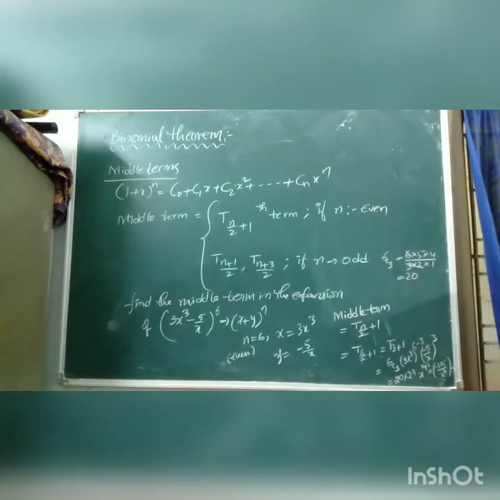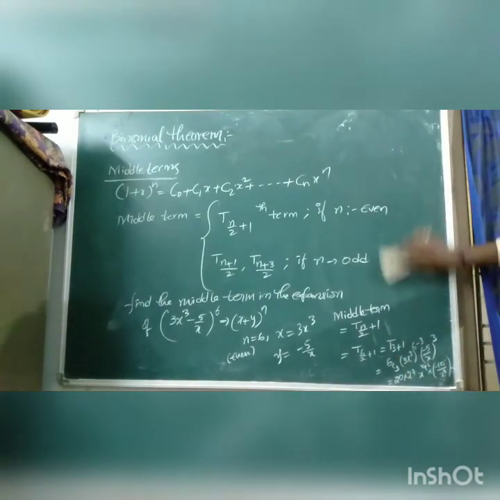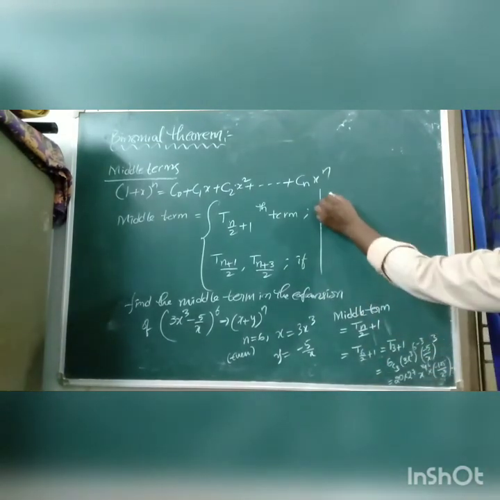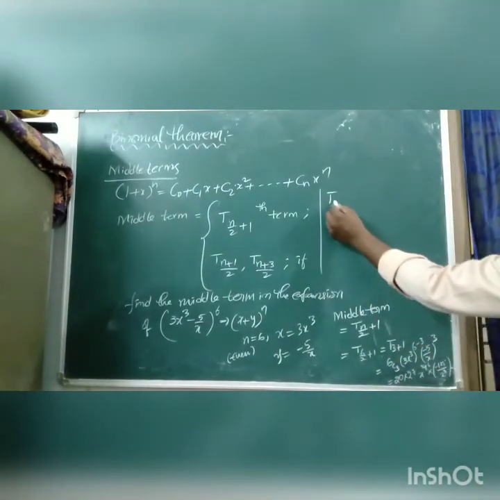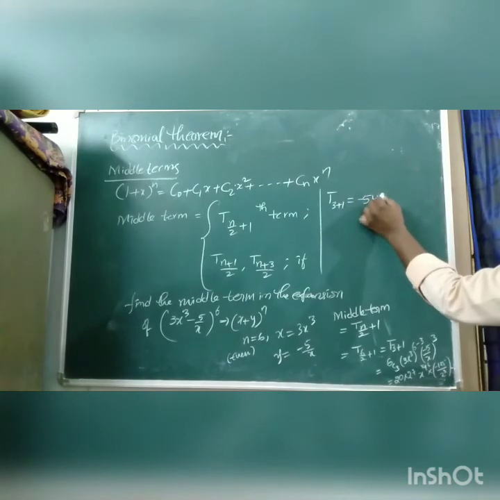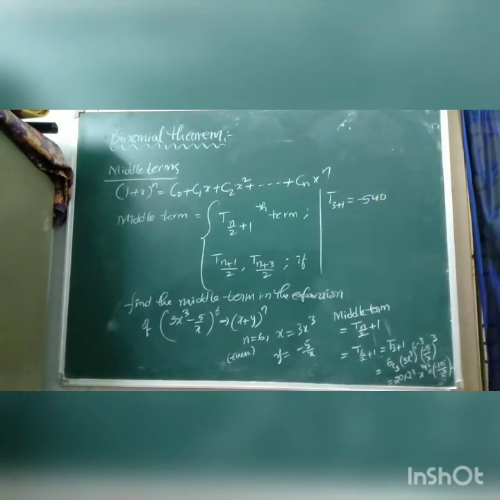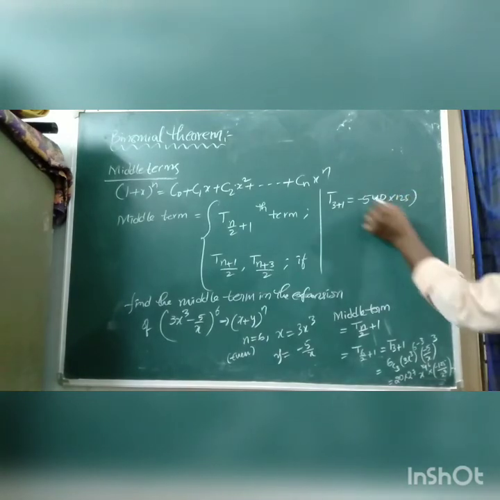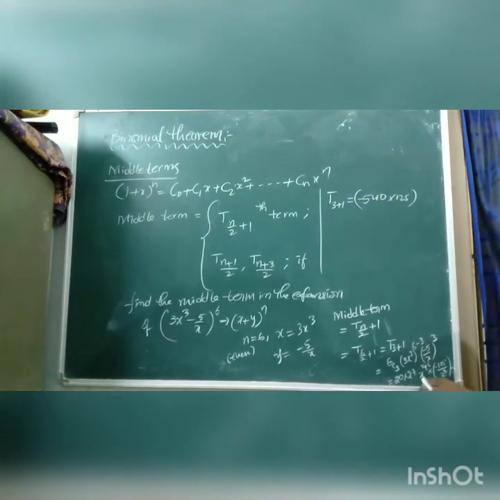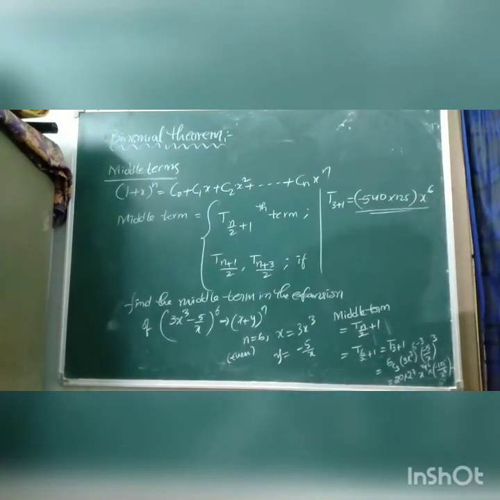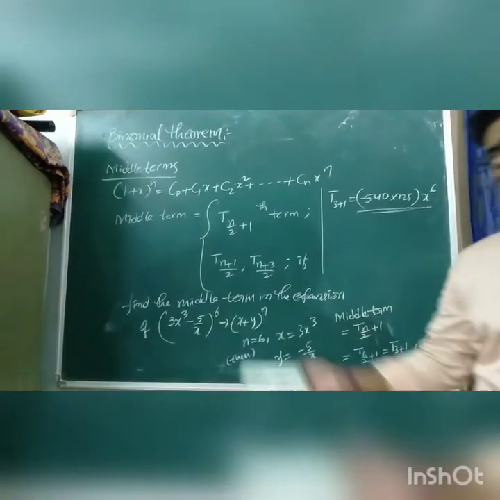The middle term becomes T(3+1), which is equal to 20 into 27 into -125 into x^6, that is -540 into 125 into x^6. This is the middle term in the expansion of (3x^3 - 5/x)^6.